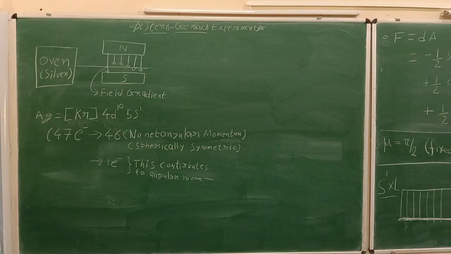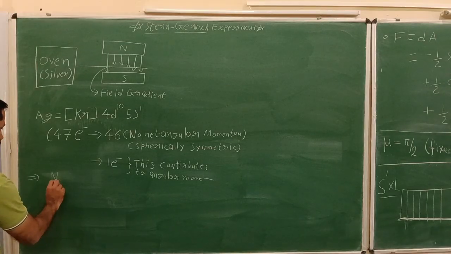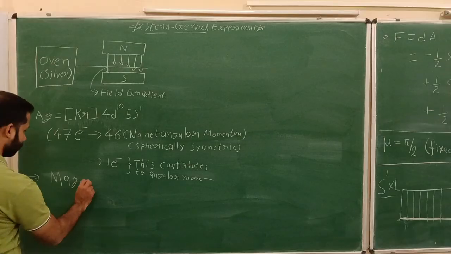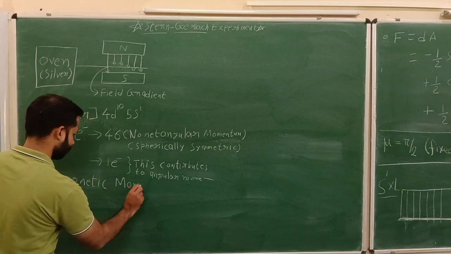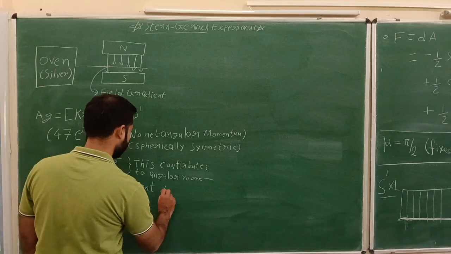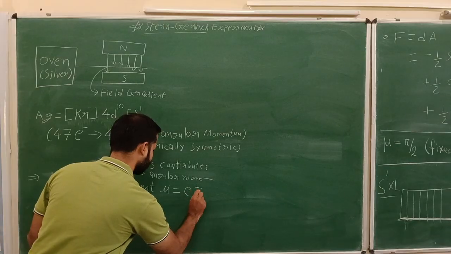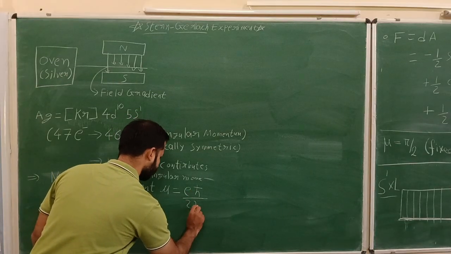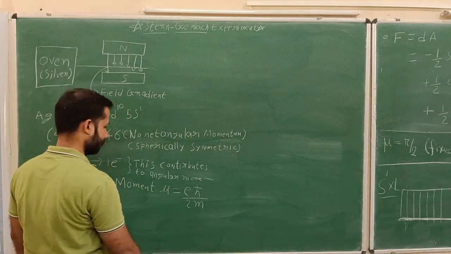So now all atoms have a certain magnetic moment. And how is it defined? So mu is equal to the charge of the electron, Planck constant, and the mass.